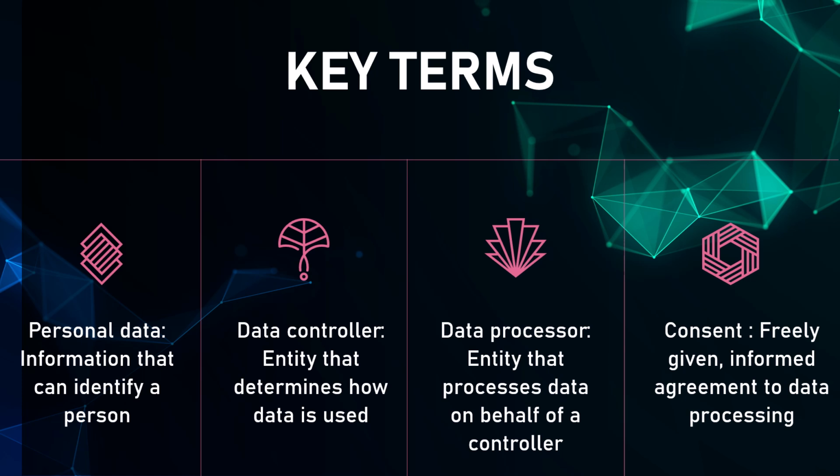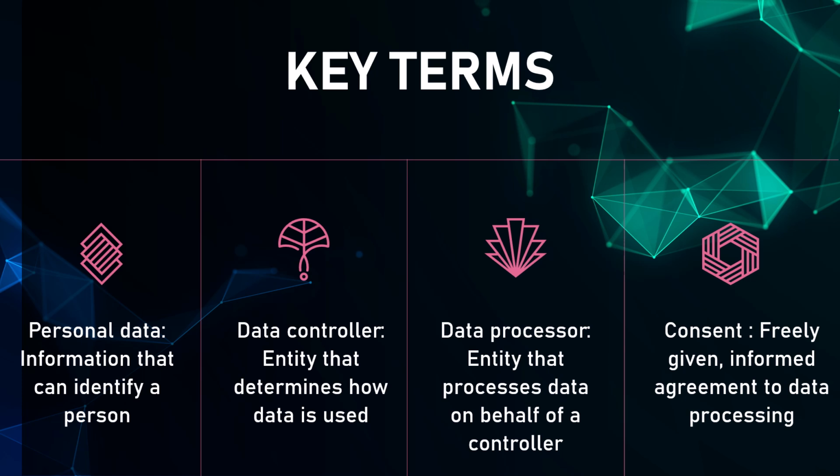And then we have the data controller, which is an entity or an individual that determines how data is actually used. Their work is to collect, process, and transmit this data with the data processors, which we'll be looking at next, and to tell them what they need to do with this particular data.